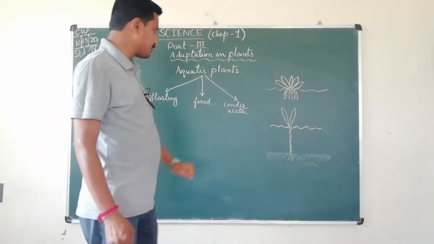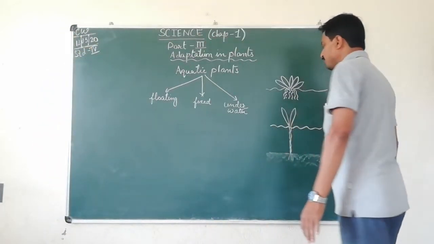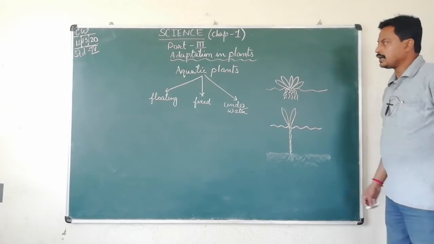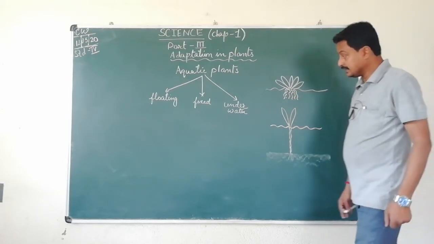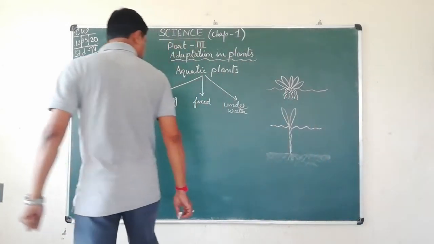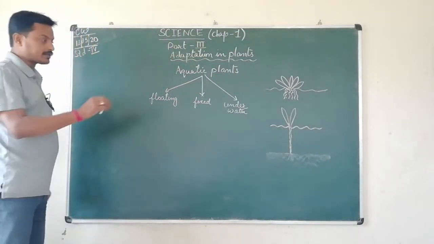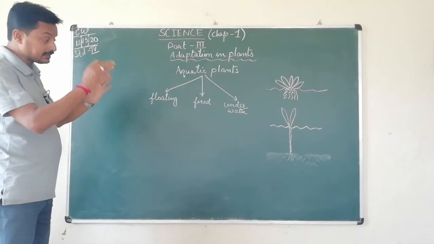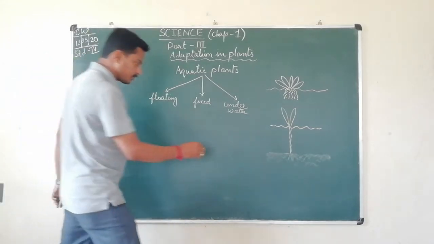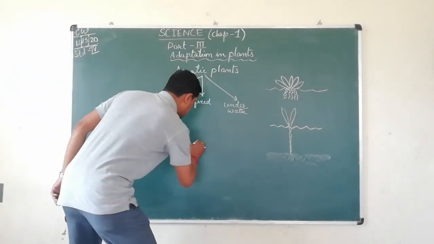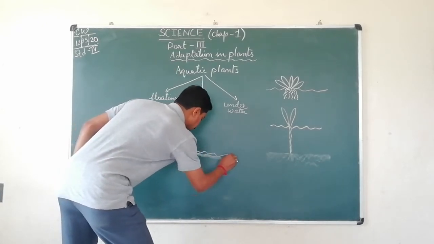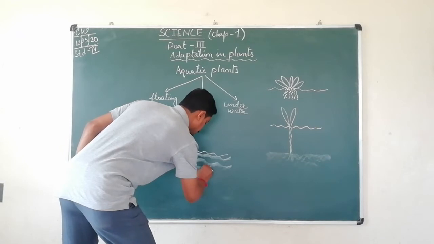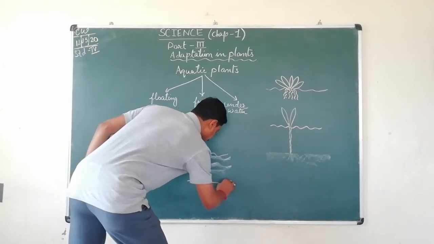Now, one more type of plant that we find under the heading of aquatic plants is the underwater plant. In this type of plant, the whole plant is under the water. Suppose this is the water level and here is the bed of the river.